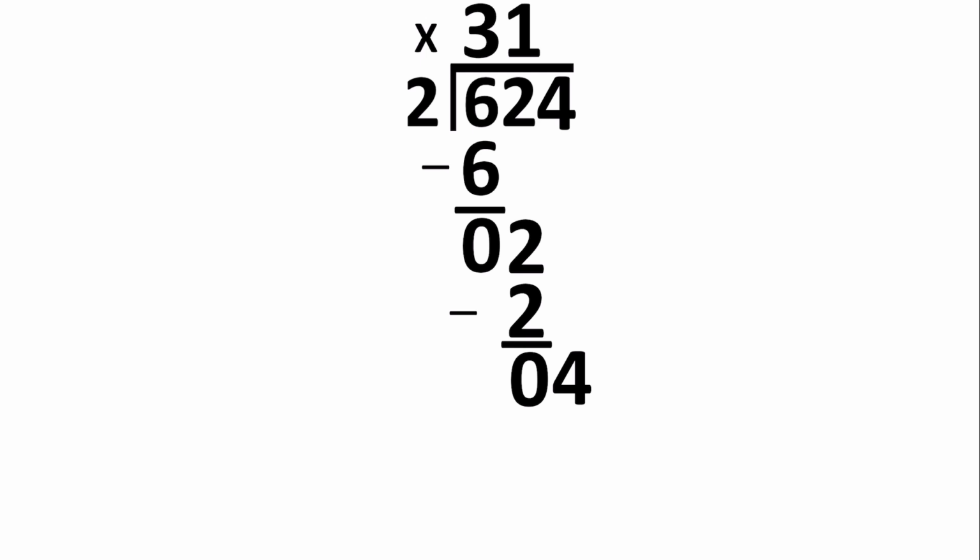And then we'll ask how many 2's will fit into 4. The answer is exactly 2, because 2 times 2 equals 4. So we're going to put 2 on the top. And now 2 times 2 equals 4, and 4 minus 4 equals a remainder of 0. We are done. The final answer we got is 312.